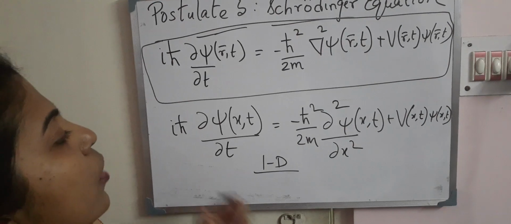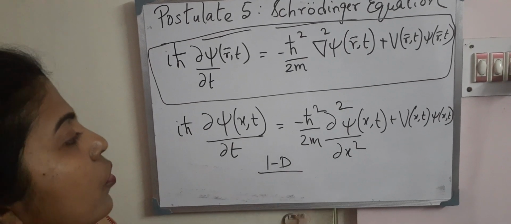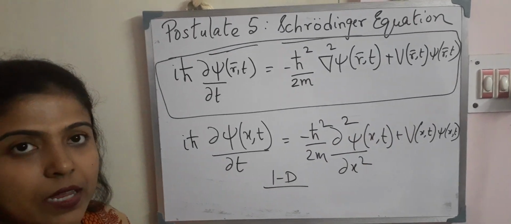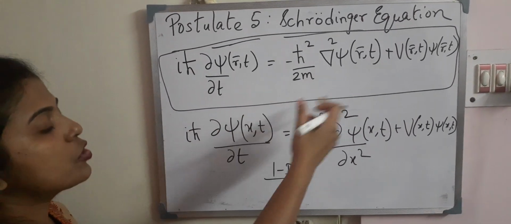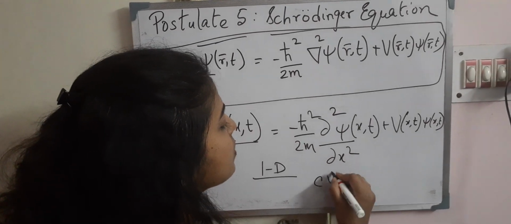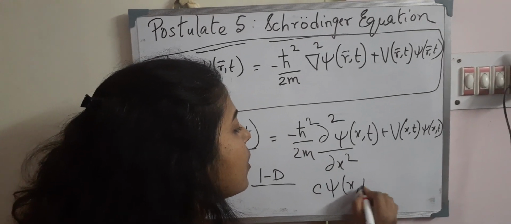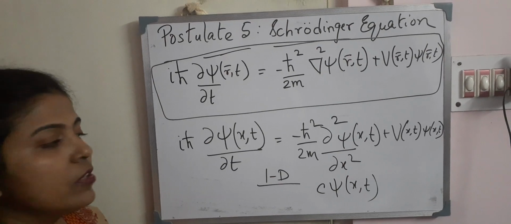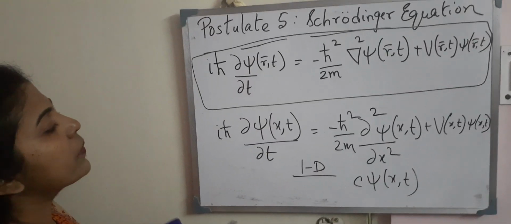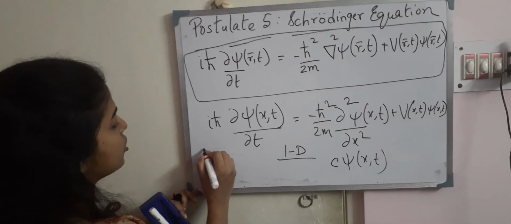Now another thing you should know: if we solve this equation, we get ψ(x,t). If ψ(x,t) is a solution of this equation, then some constant c times ψ(x,t) will also be a solution. And how do we find this constant c? From the normalization condition.